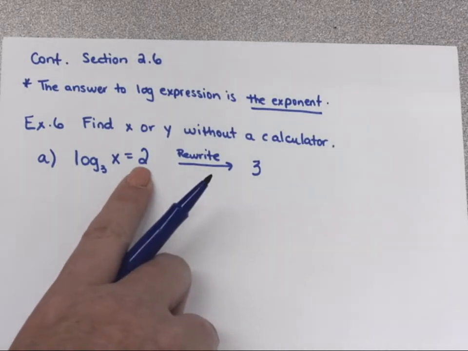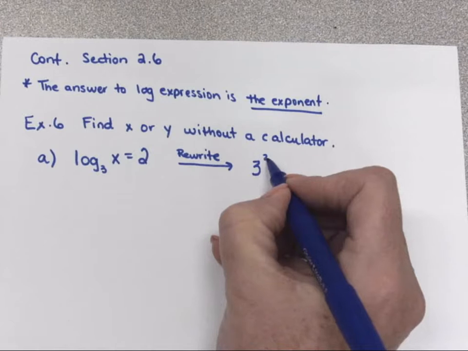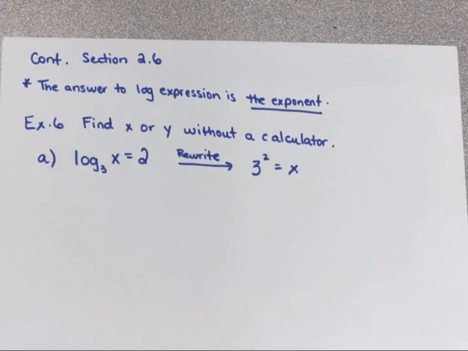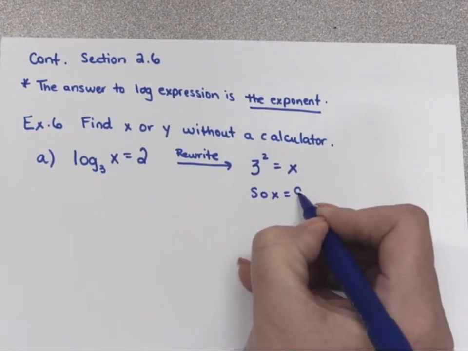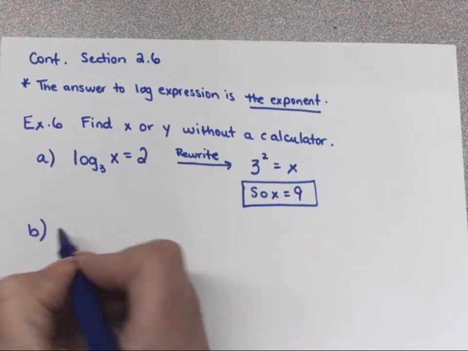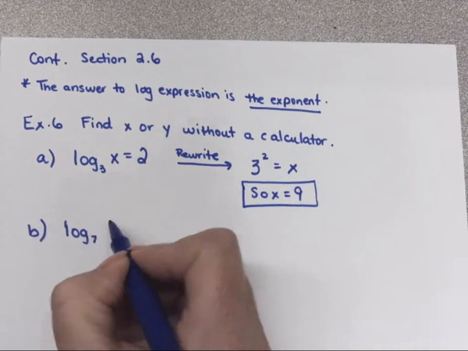The answer to a log is always the what part? The exponent, right? So it's 3 to the 2 power equals the other thing, kind of by default. The other thing becomes the answer to the exponential. So what is x then? 9? All right, but what if I move the unknown thing around?